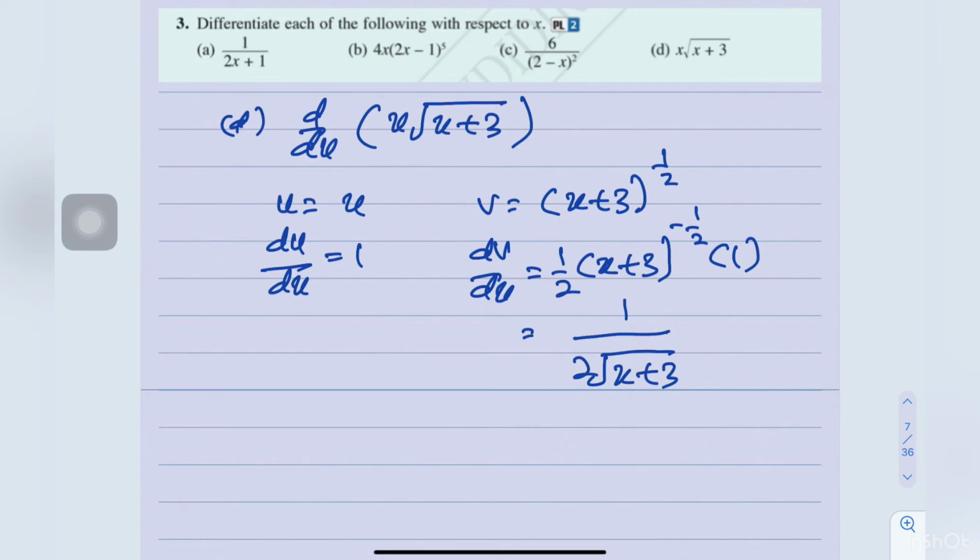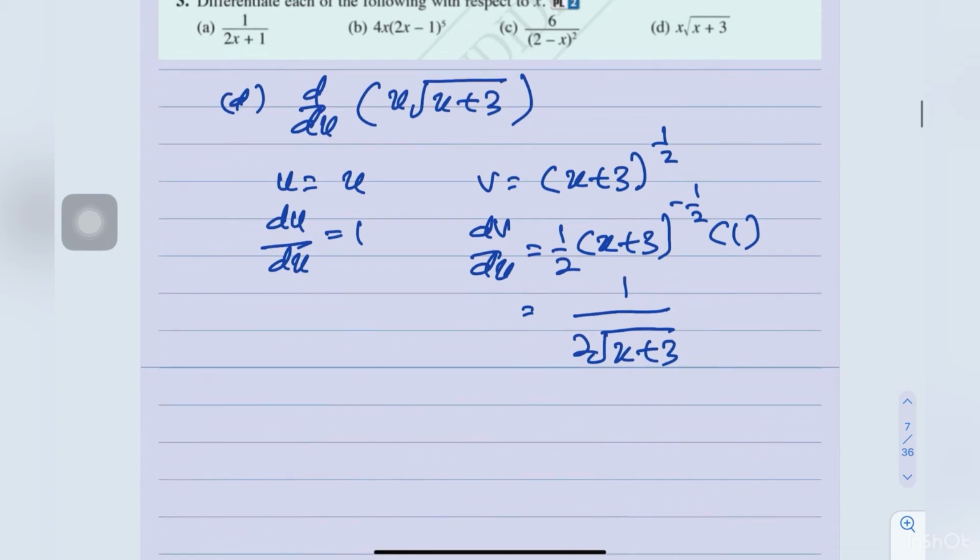By using the product rule, d/dx is u dv/dx, so x over 2 times square root of x plus 3, plus v du/dx. (x plus 3) to the power of half is the square root of x plus 3.